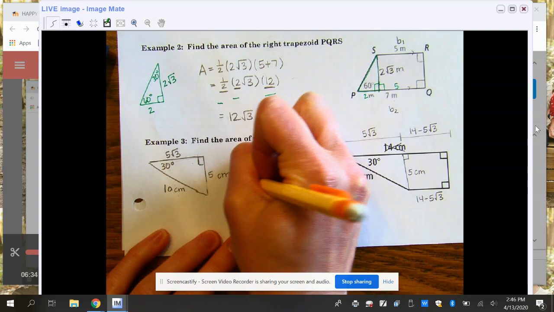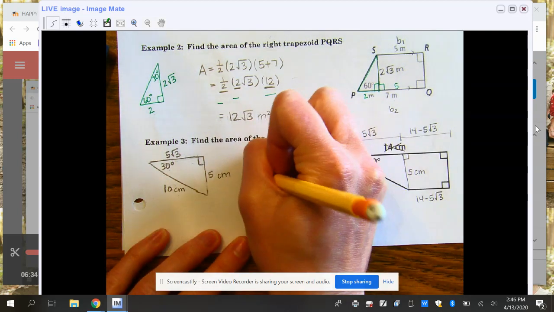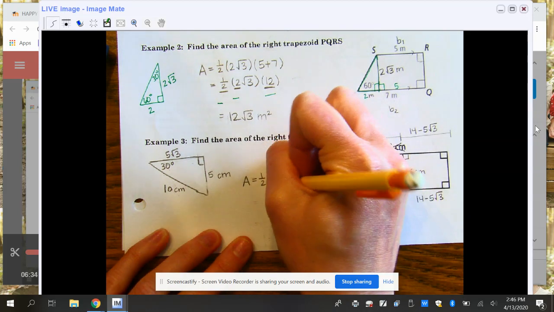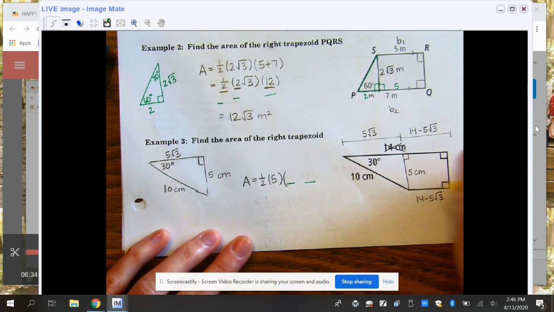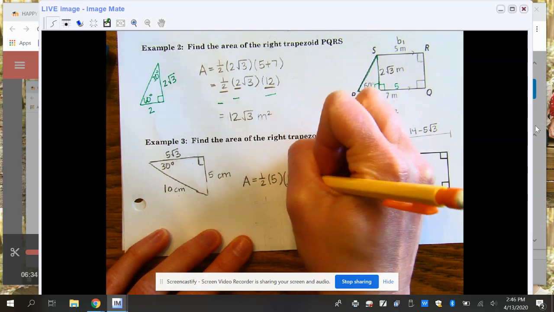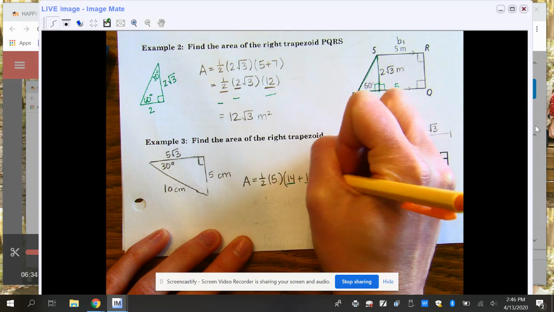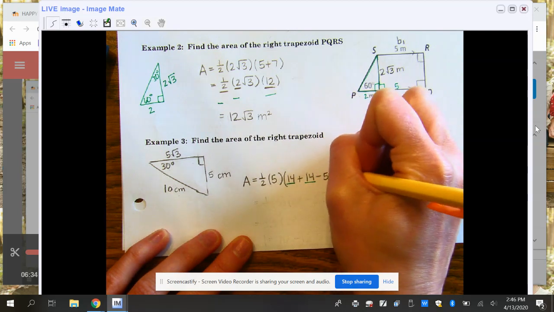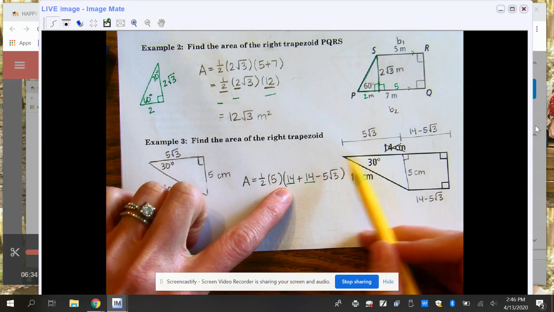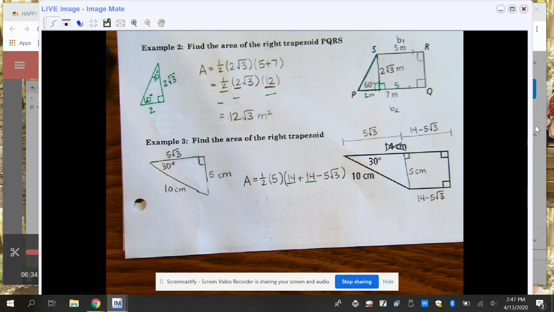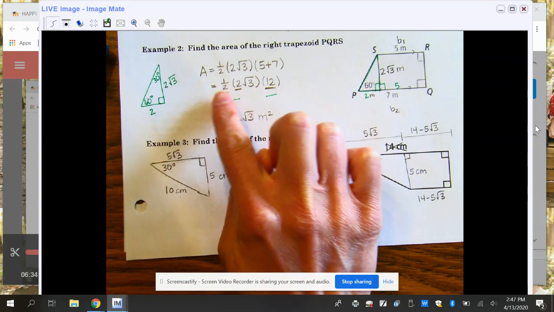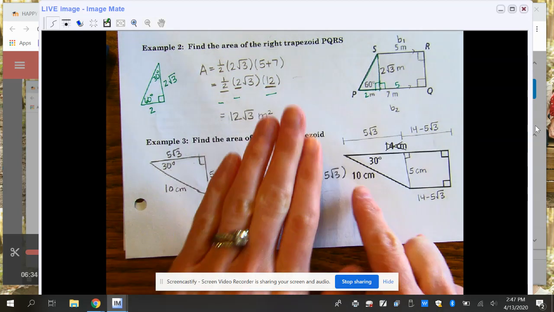So I've got everything I need and I can substitute in. So 1/2 times 5 times, and then I'll take one of the bases was 14, and then that bottom base was 14 minus 5 radical 3. So this was the top, this was the bottom. Okay, so now unlike up here, we were multiplying these 3 together.